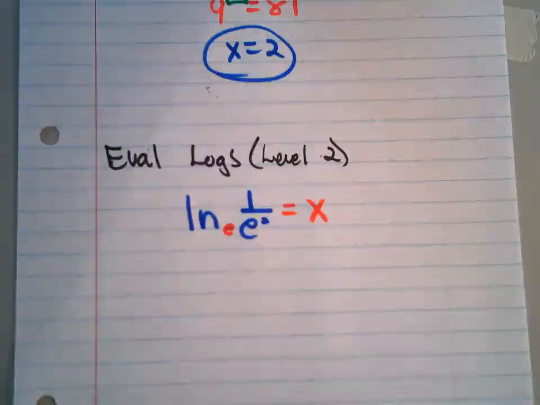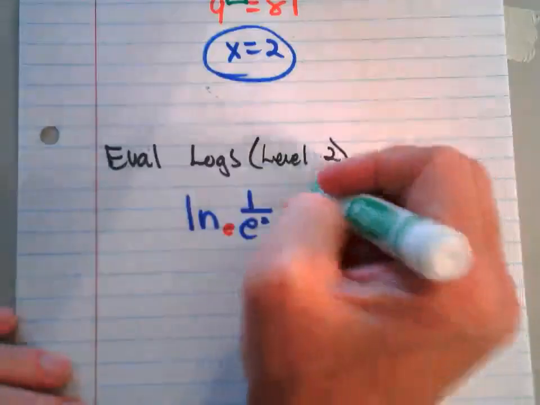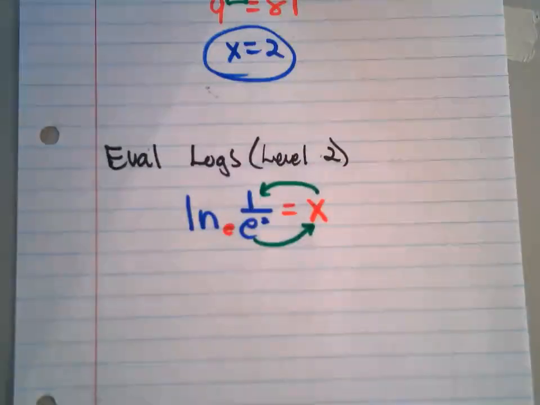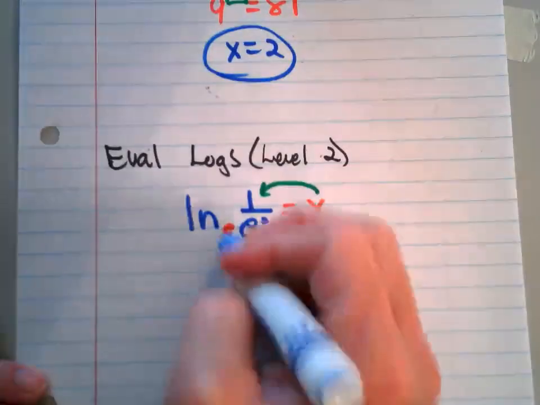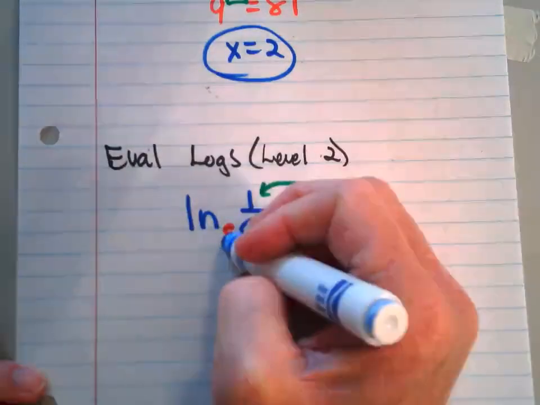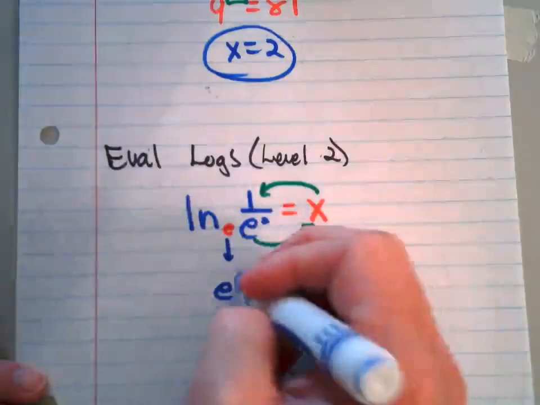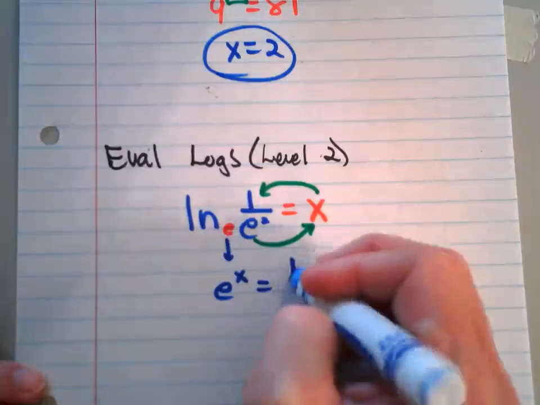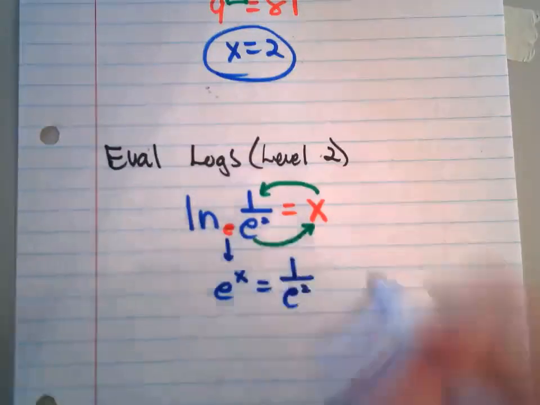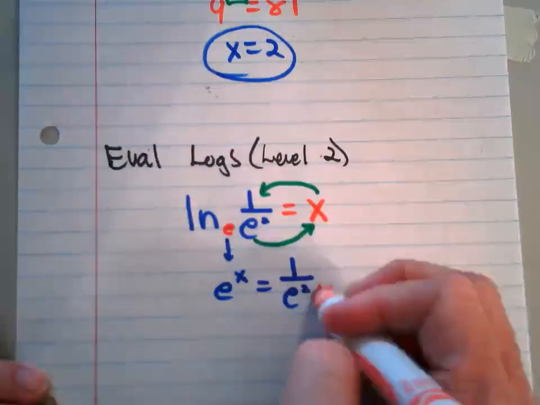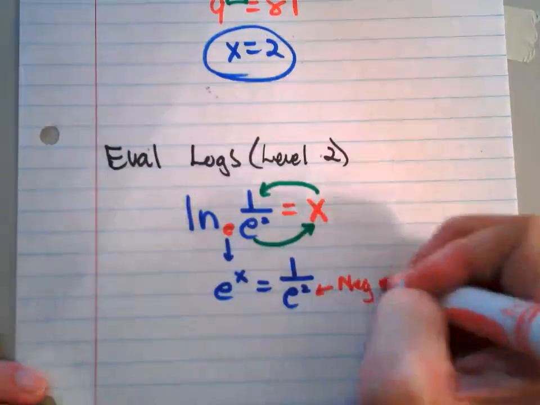So we'll rewrite this problem. The x and the 1 over e to the second are going to switch places. This little e is going to drop down. That's the e that's right there. Then the x takes the exponent. The 1 over e to the second moves over to the right-hand side. Now we get to make this a negative exponent.